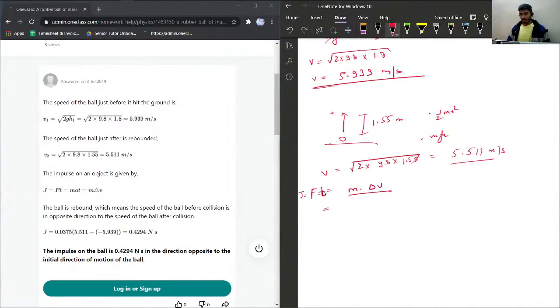The mass for my ball was 0.0375 kilograms, and for the change in velocity we'll take the initial velocity, 5.939, and subtract the final velocity, 5.511, from it, times 0.0375.